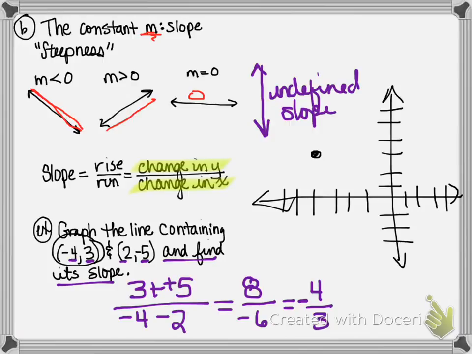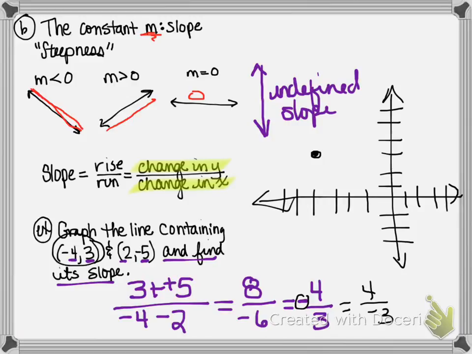And then my slope is negative 4/3. The thing you need to remember is with a fraction, it doesn't matter if the negative is on top, in the middle, or at the bottom, so you could call it a negative 4, or you could call the 3 negative, just as long as one of them is negative. So I'm going to start at my point, and I'm going to call this 4 over negative 3 so I can fit it on my graph.